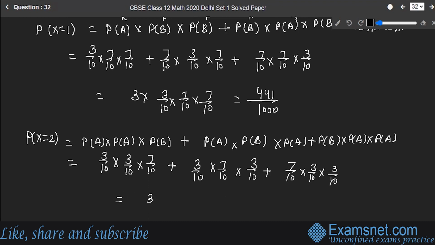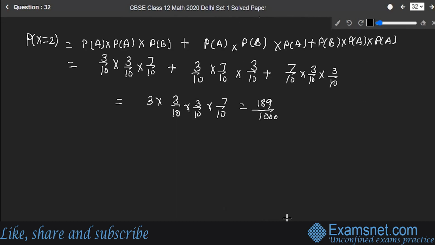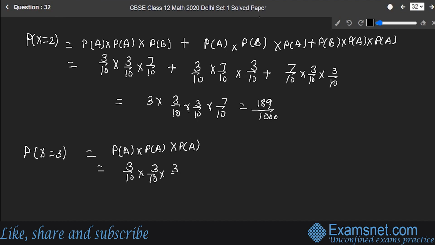So this will be equal to 3 multiplied by 3 upon 10 into 3 upon 10 into 7 upon 10, which is equal to 189 upon 1000. Hope you're clear with this. Okay. So next, the probability of withdrawing all three rotten apples is 3 upon 10 into 3 upon 10 into 3 upon 10, which is 27 upon 1000.